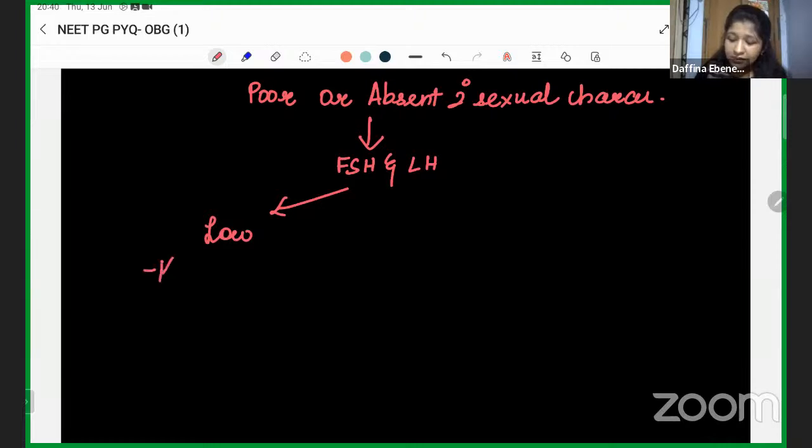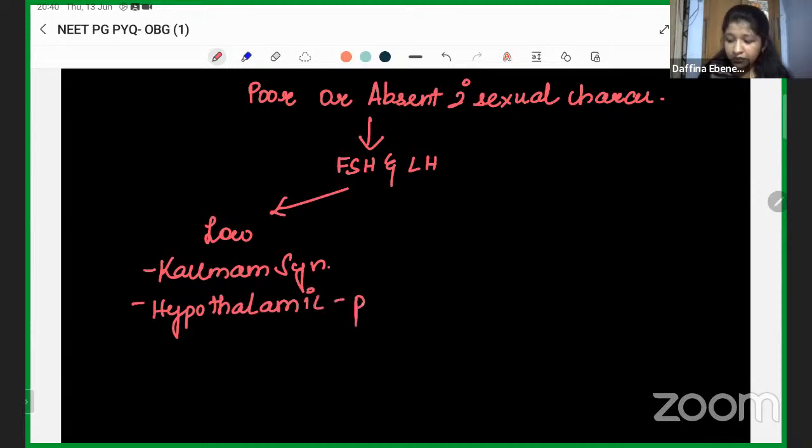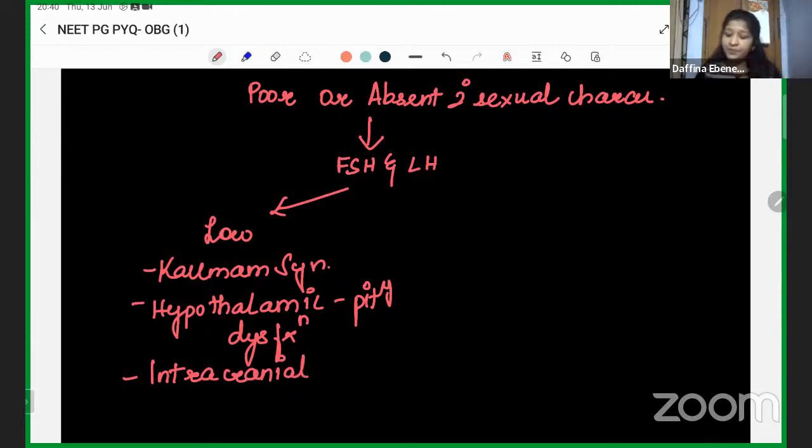One is, as we already discussed, Kallmann syndrome. Second, any form of hypothalamic pituitary dysfunction. Third, any form of intracranial space occupying lesion that is going to compress your pituitary gland or the hypothalamus. These are the different causes of low FSH and LH.